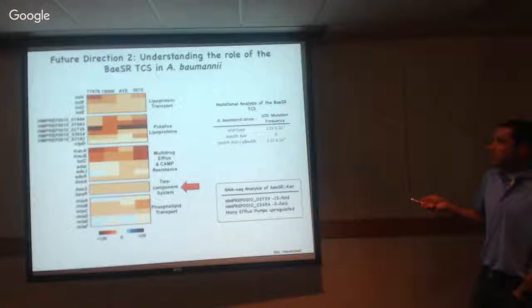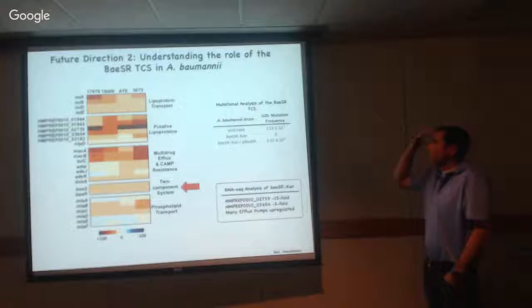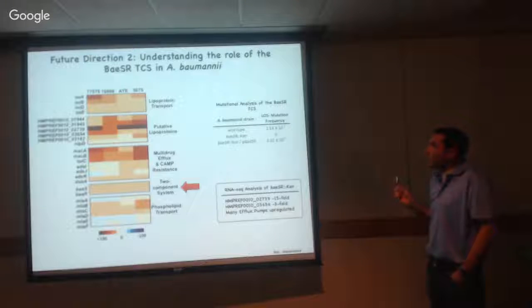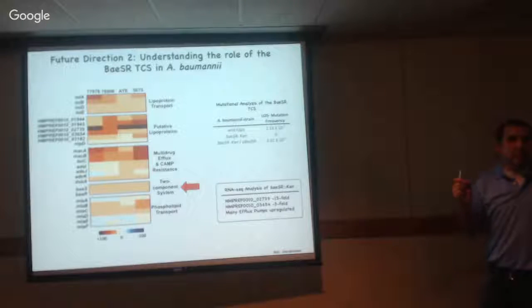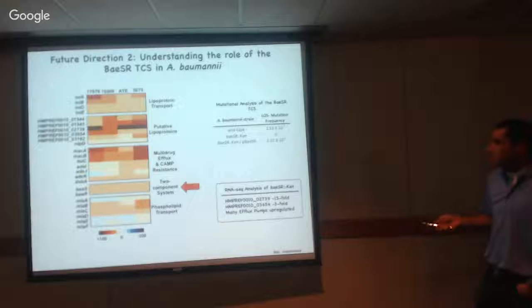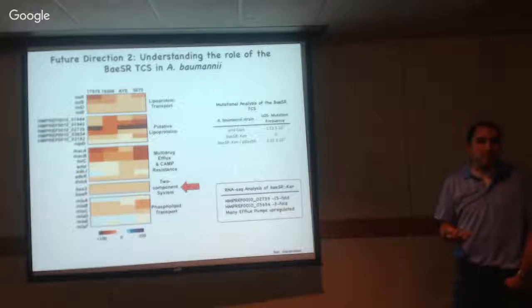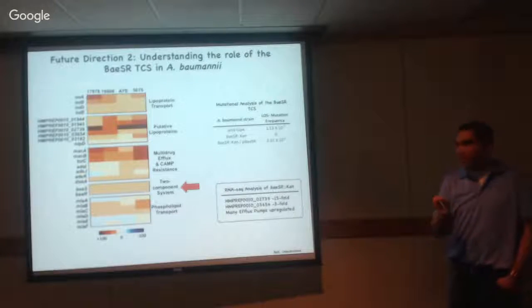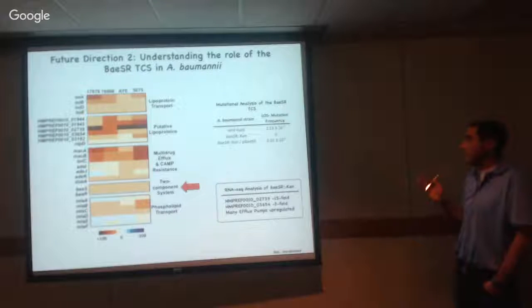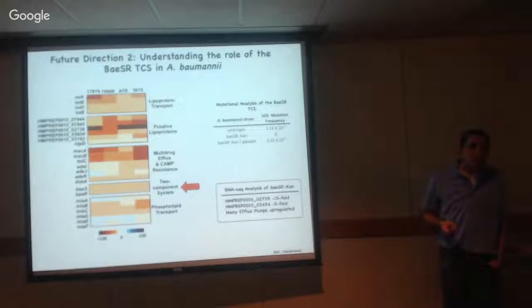And when I knock out the genes encoding this two-component system, I can no longer recover any LOS deficient colonies, suggesting that it's regulating something that's essential for survival of these cells without LOS. And I've done RNA-seq on the BAY-SR mutant, and we found that it putatively regulates expression of some of these lipoproteins. It also could regulate some of these efflux pumps that we've shown. So it could just be a regulatory mechanism and all fit together.